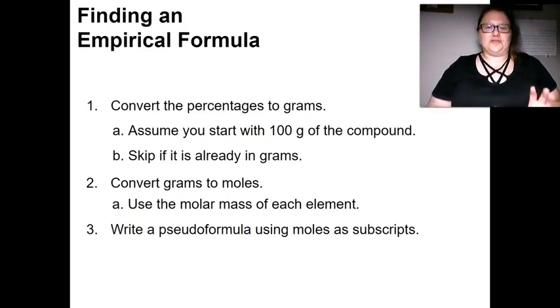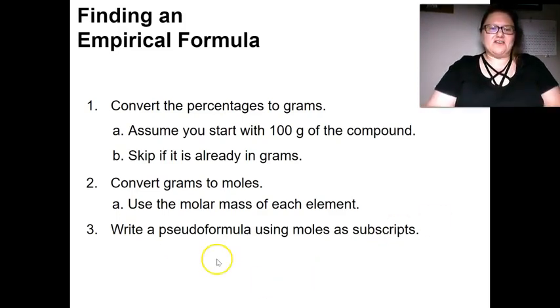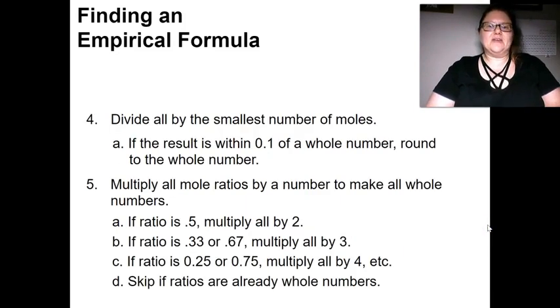Okay, convert the grams into moles. We all know how to do that. And then write a pseudo formula. Pseudo is a prefix that means fake. So we're going to write like a fake formula using the moles as subscripts to give us a general idea of ratio. But then we're going to divide all the subscripts by the smallest number of those subscripts that we have.